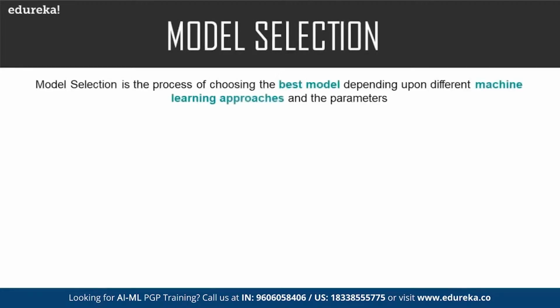The slides made here may not be industry standard, but they are meant to help the audience understand, and I will also use the standard industry terminologies. Model selection is the process of choosing the best model, the right model, depending upon machine learning approaches, otherwise called machine learning methods.